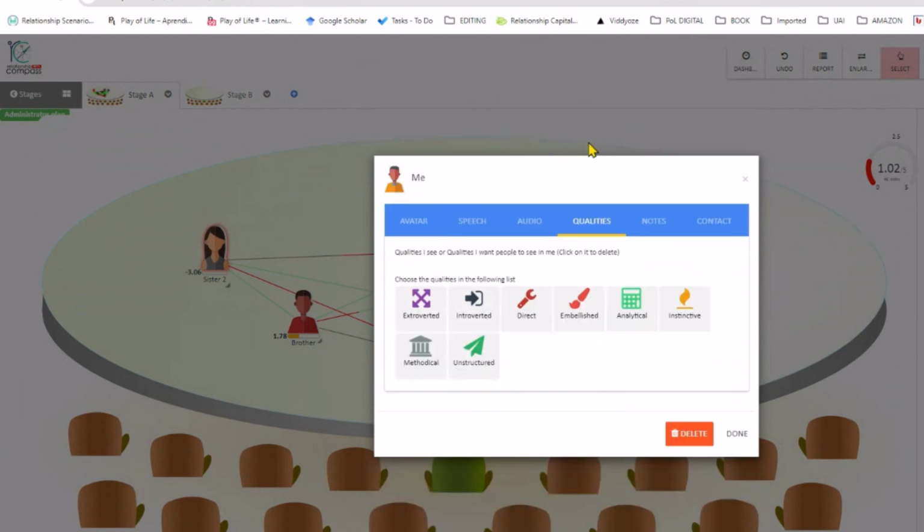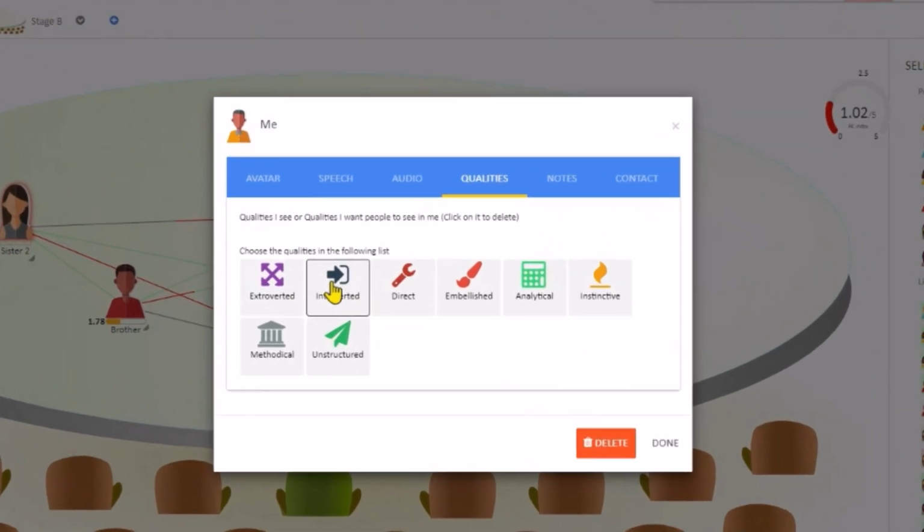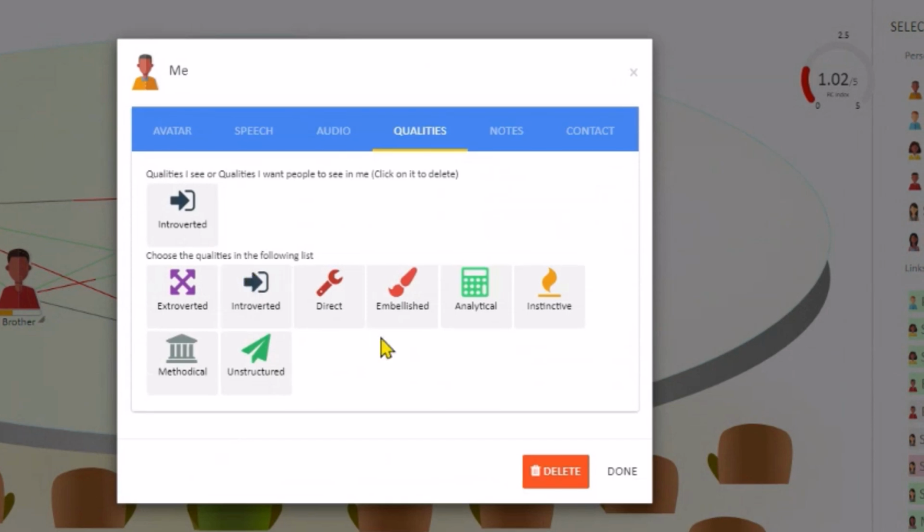Qualities. Do you think that you are an extroverted or an introverted person? Introverted. Do you feel that you are direct when you talk? You like to talk direct, or you like to embellish things, to tell stories? Embellish. Do you feel that you are analytical?